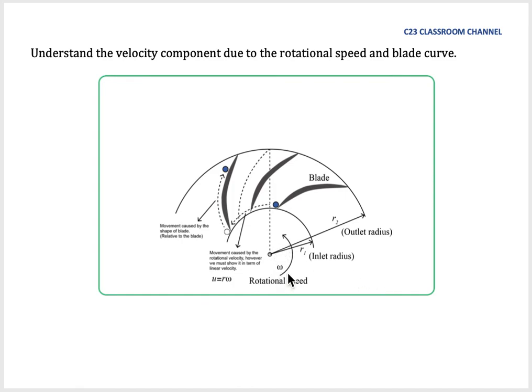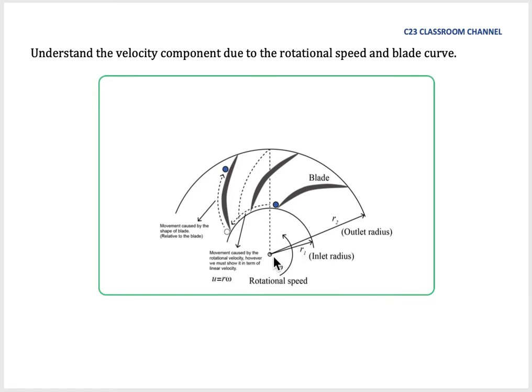However, the rotational speed, as I described previously, is usually mentioned in RPM or rad per second, while the other velocity in the blade is mentioned in meter per second. So we need to change the rotational speed from rad per second into meter per second. We use this equation: U = R omega, where U is the linear velocity in meter per second, and R is the radius.